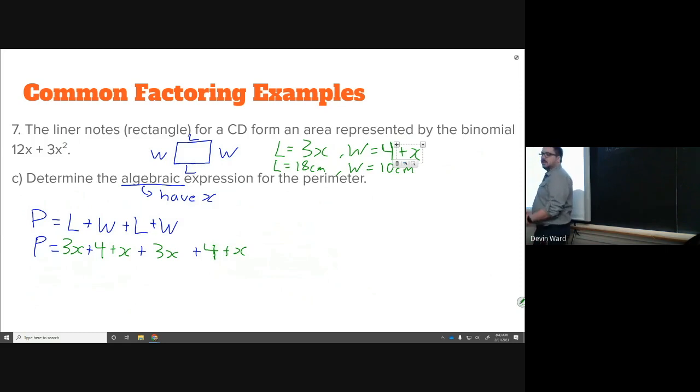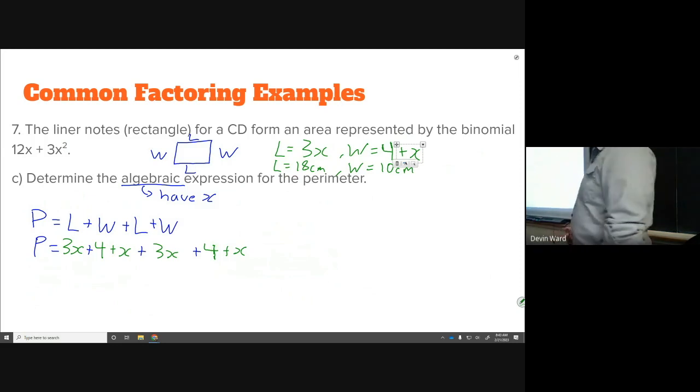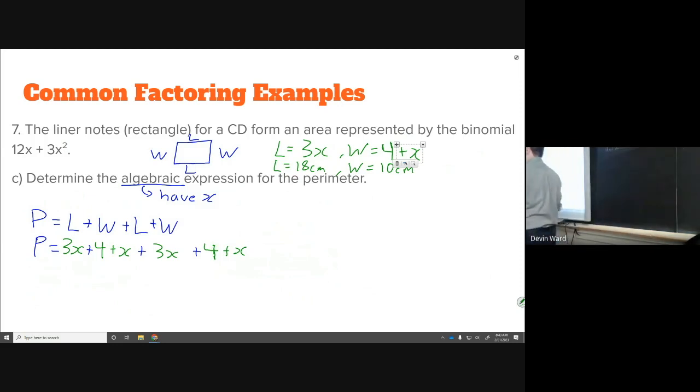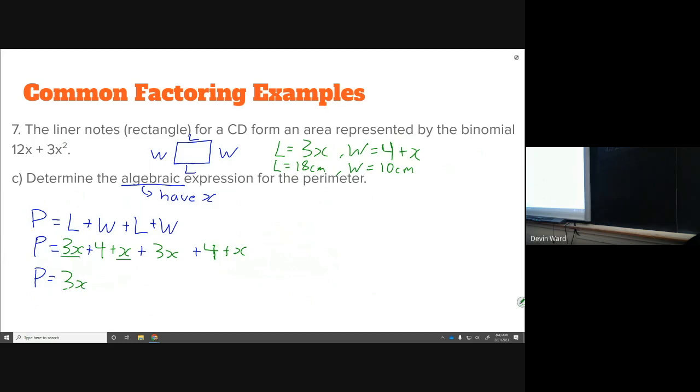So now I want to simplify this together using all of our like terms. I'm going to bring all the x's together and then all the numbers at the end. So I have 3x plus x plus another 3x plus x.